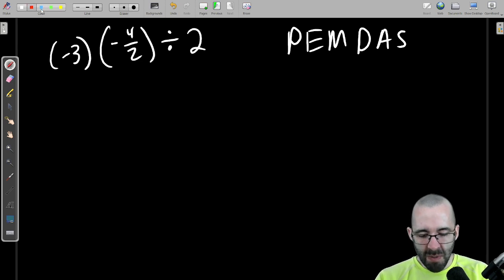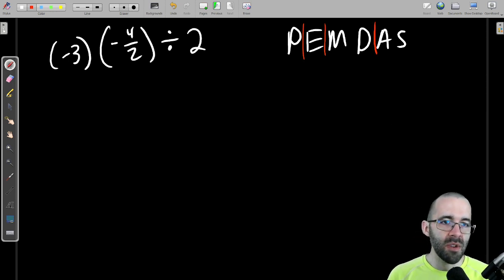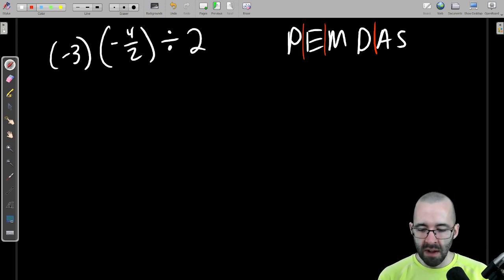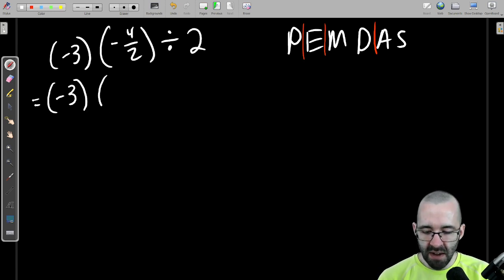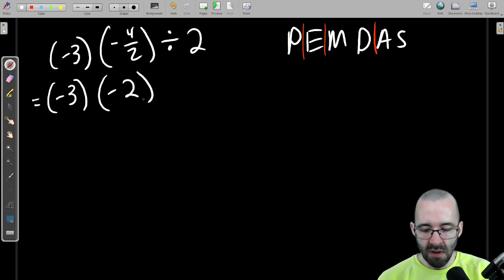And remember that when we do PEMDAS, it's really parentheses first, and then exponentials. Multiplication and division can be in the same chunk. Same with addition and subtraction. So let's simplify what's inside the parentheses first. -3, that's already simplified. What's 4 divided by 2? That's just 2. All right, so that was our parentheses.